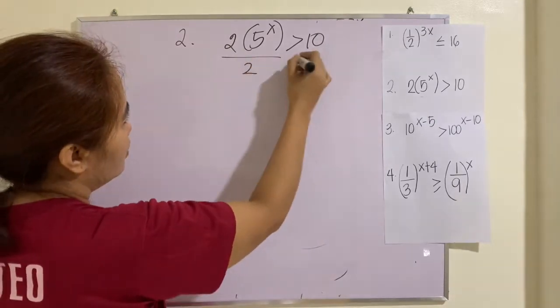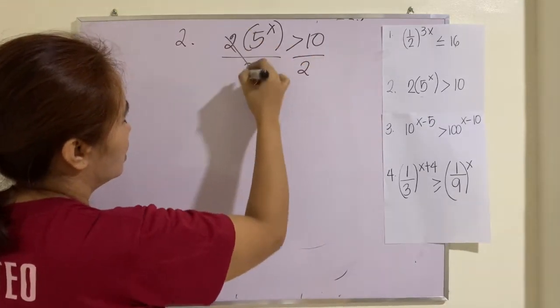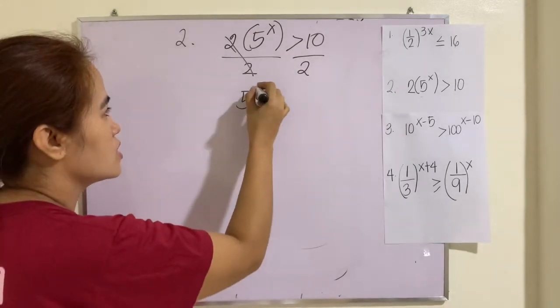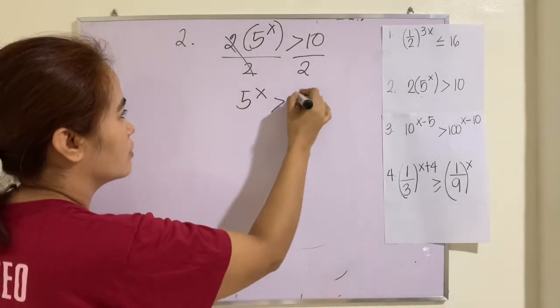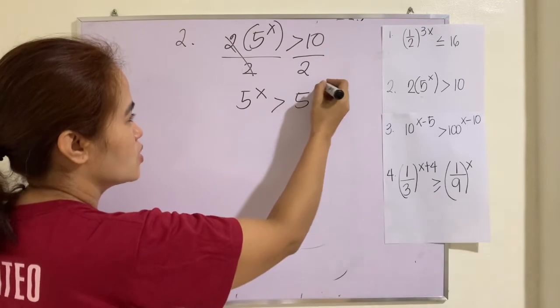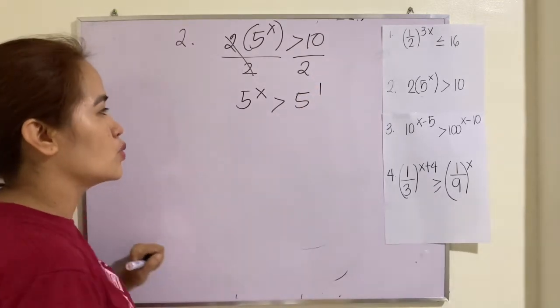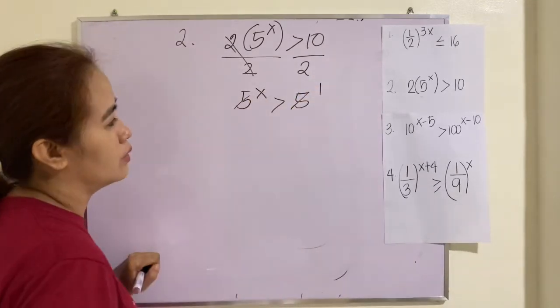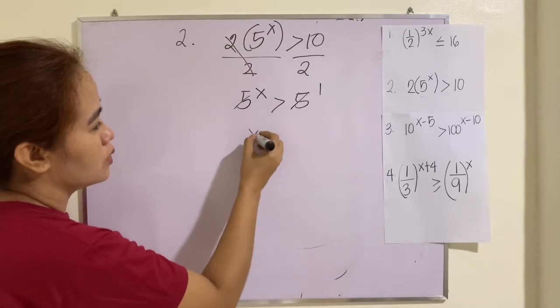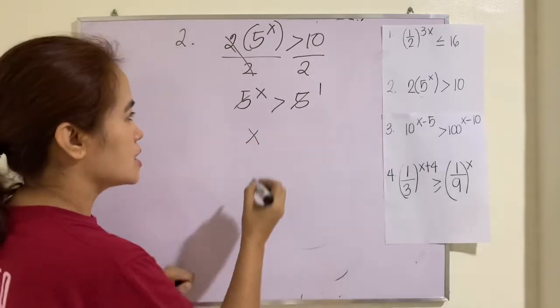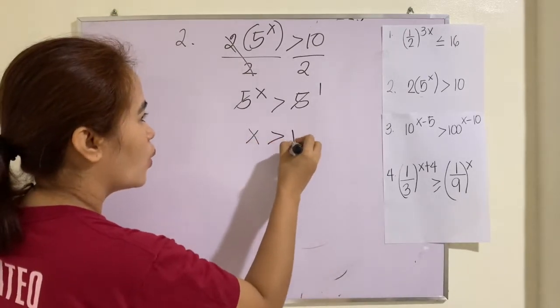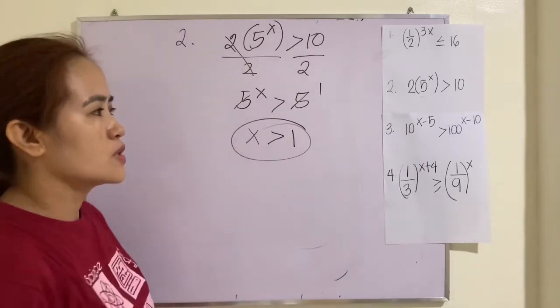We will divide first both sides of the inequality by 2. So this is 5 raised to x is greater than 5. Remember that if there is no exponent, it is considered as 1. So base 5 now, I can now remove it and form the exponential inequality. So that is x is greater than 1. So this one is the solution.